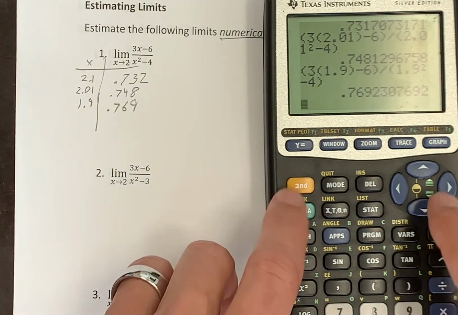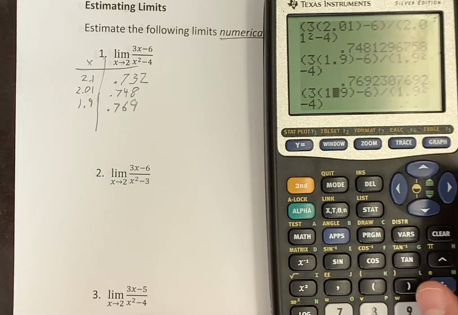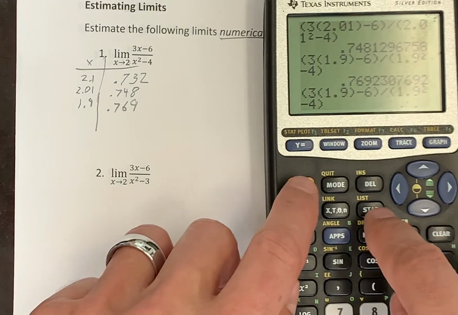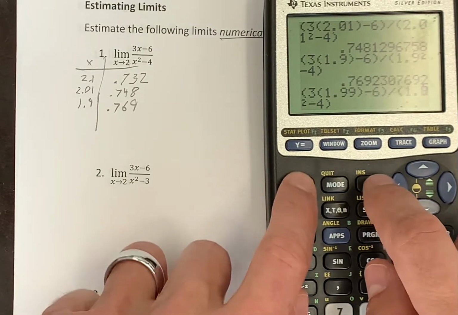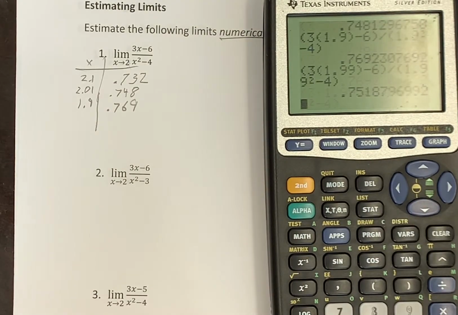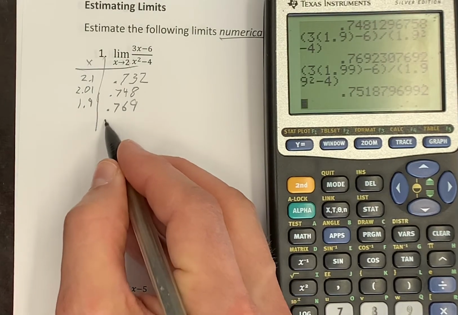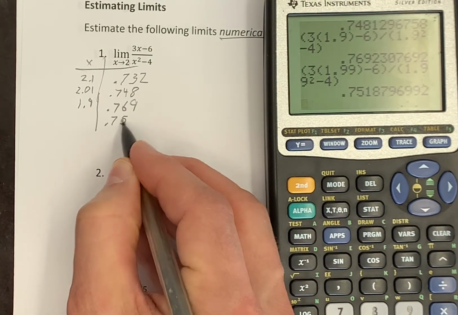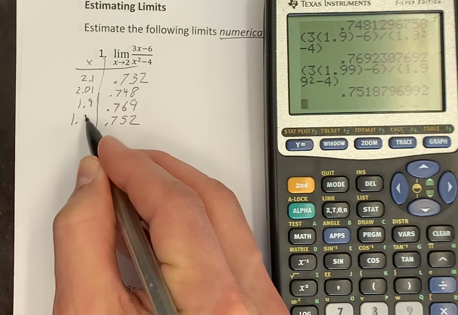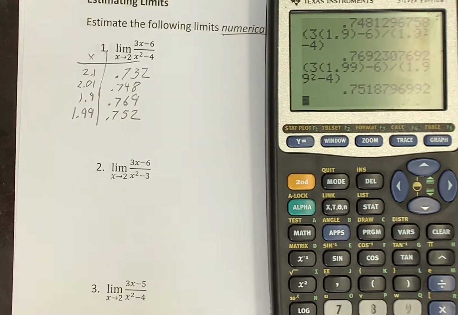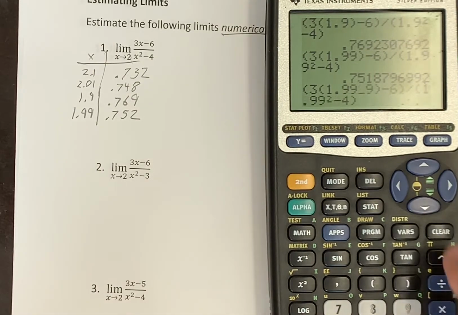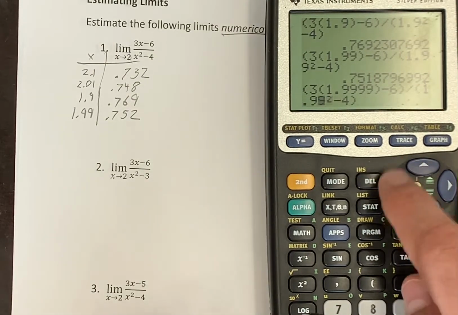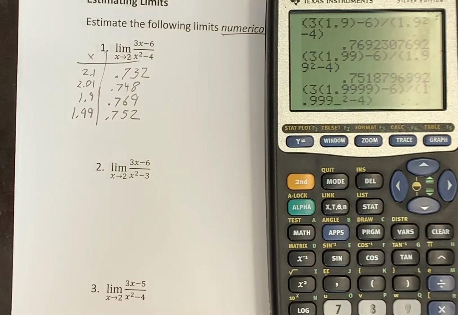Let's look at one more. Let's look at 1.99. That's getting pretty close. And if you wanted to be real close, you could do 1.999 or something like that. That's 0.752. Maybe we'll just do one more. I said I wouldn't, but let's put in 1.9999.